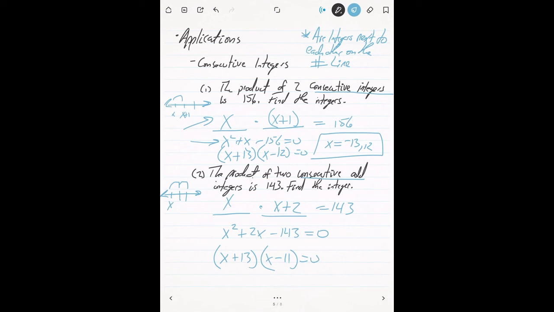Now, each of these factors have the possibility of being 0. So, what could you plug in for x to make this one 0? Well, you could plug in a negative 13. And what could you plug in for x to make this term 0?